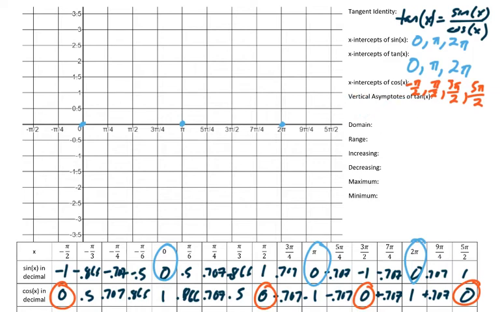So what are the vertical asymptotes? Remember vertical asymptotes have to be x equals lines: x equals negative pi over 2, pi over 2, 3 pi over 2, and 5 pi over 2. I'm going to draw those now. That's an ugly vertical asymptote.